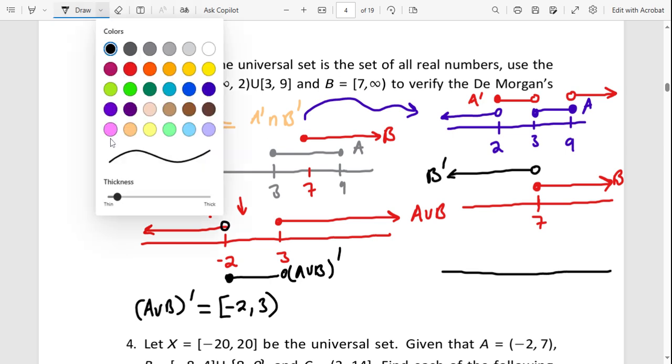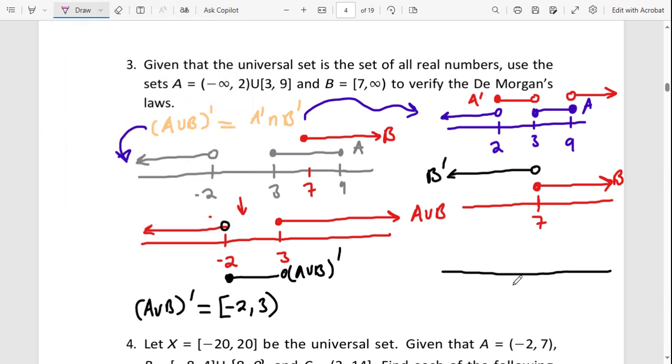So we are going to have A complement from 2. So A complement is negative 2 up to 3, and then from 9 up to infinity. That is A complement.